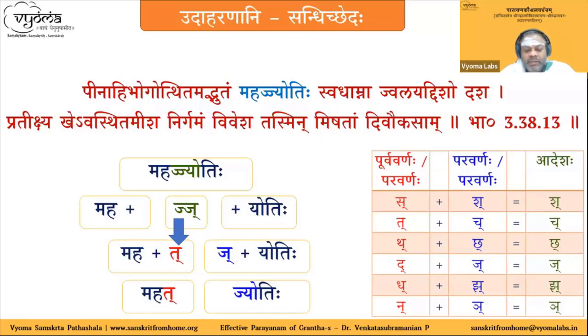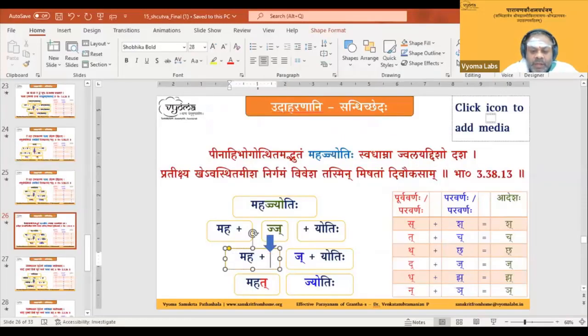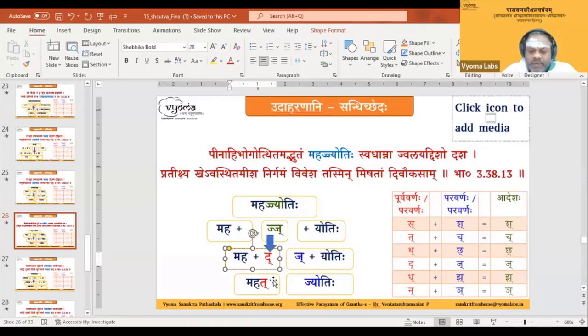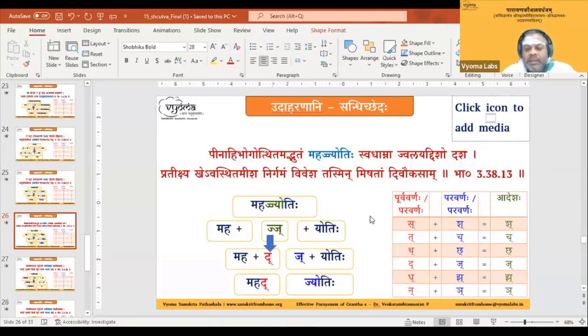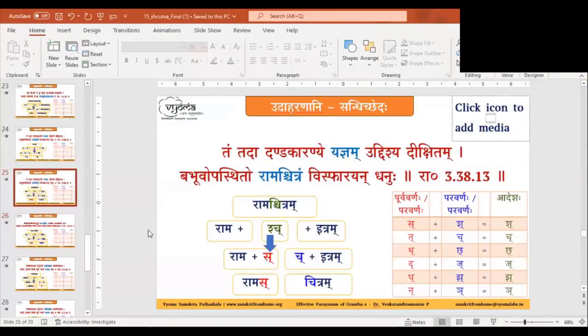Mahat jyotihi has been given, but it has to be mahad jyotihi only, because da eva bhavati, not na. Shchutva sandhi. Afterwards, another reading is also found. Okay, mahad jyotihi. Uttamam, dhanyavadah.